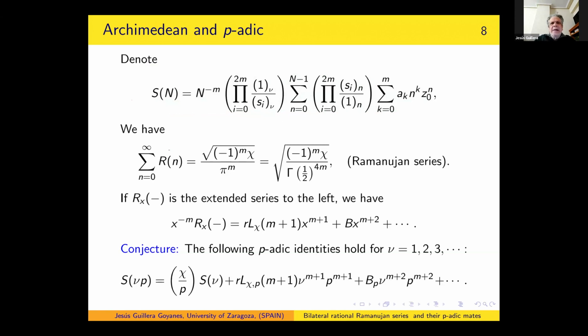This part, this part is... we have introduced, apart from the summatory, this factor because when n equals nu p, the poles of the series are cancelled with this product.